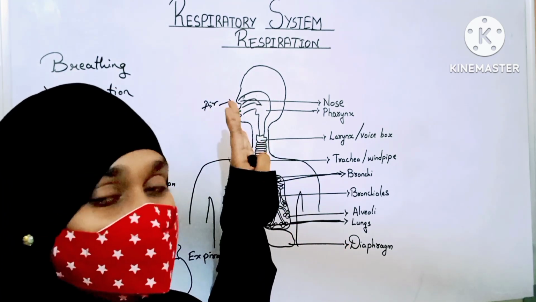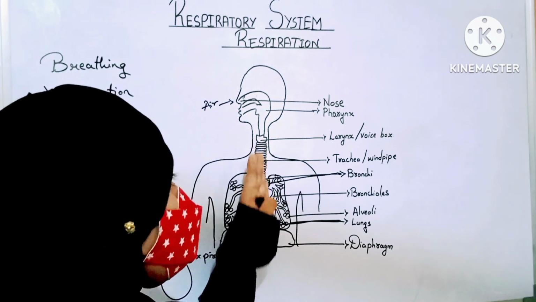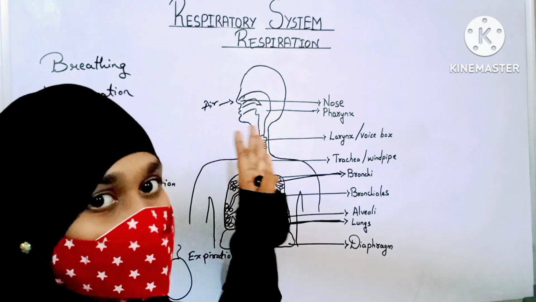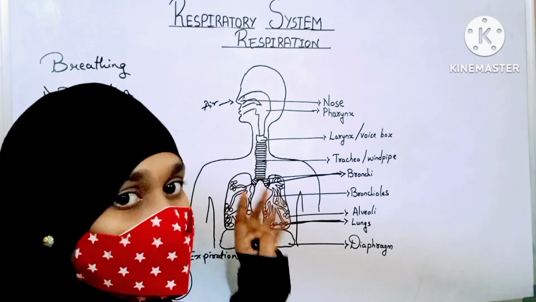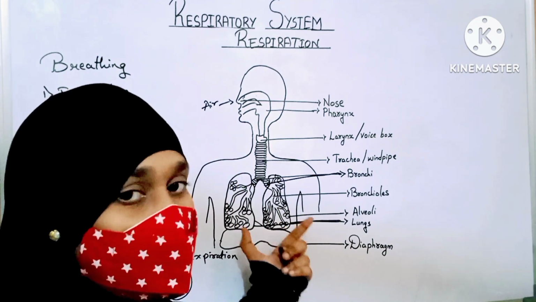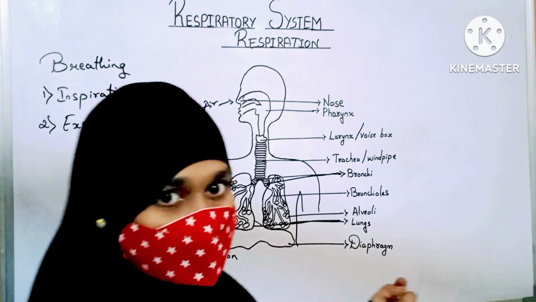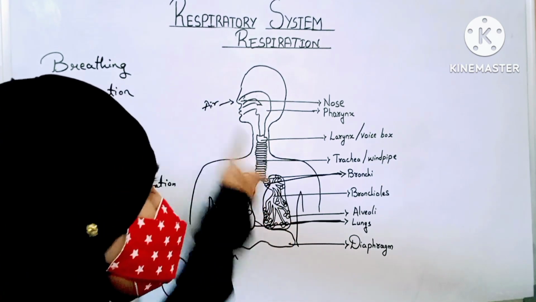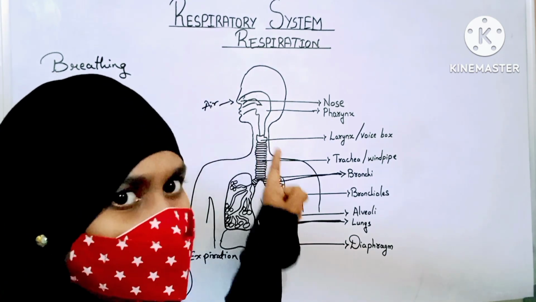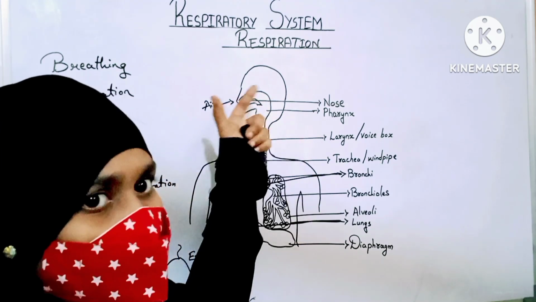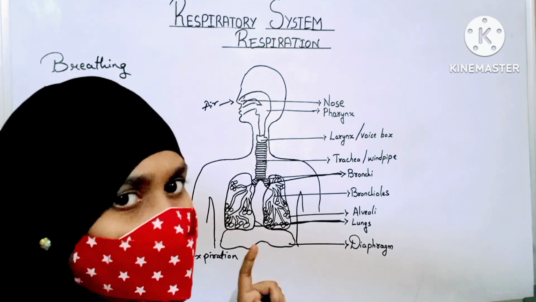The carbon dioxide is sent out through the alveoli of the lungs and out of the nose. Yes, there is an exchange of gases. The oxygen is entering and the carbon dioxide is released out of the body.